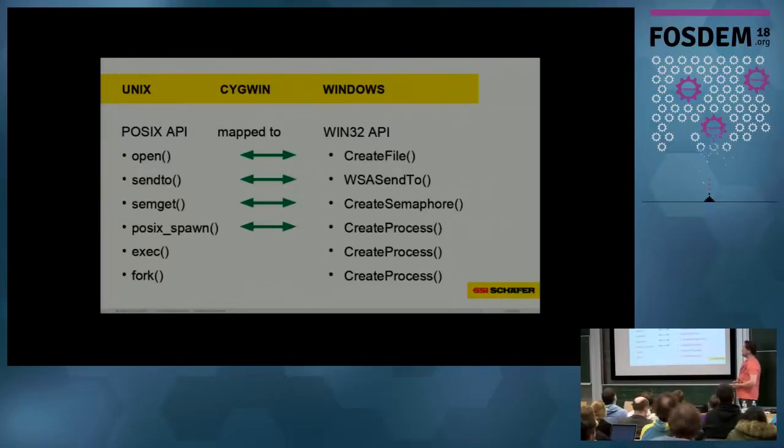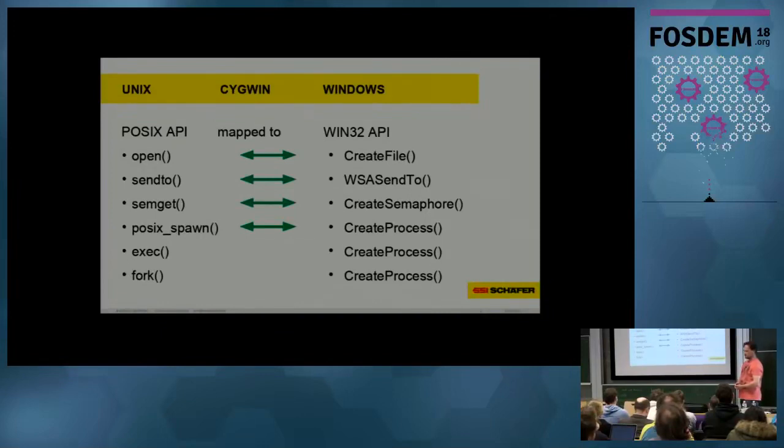The same applies to networking and IPC, but this is only partially true for process control. To create new processes on Windows, there is just CreateProcess, probably with an extended version, and it's only spawn, POSIX spawn in the Unix world, that does quite the same as CreateProcess.